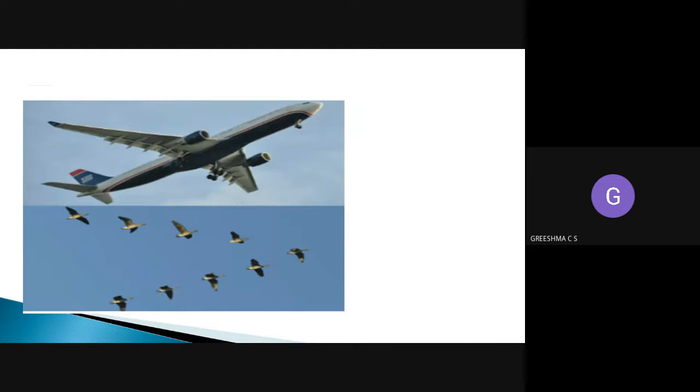Okay, another example you can see, our aeroplanes. So the shape of this aeroplane is similar to how a bird is flying. Okay, why? Through this shape, the shape of the bird you might have seen, the aerofoil shape, sorry.